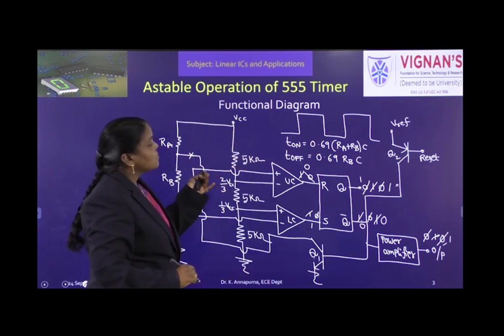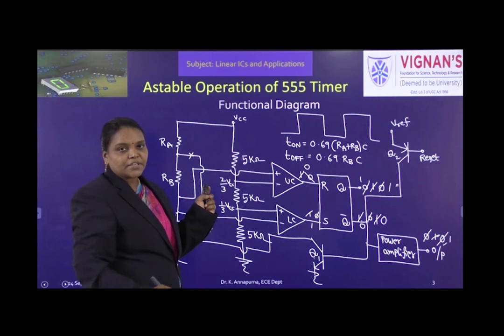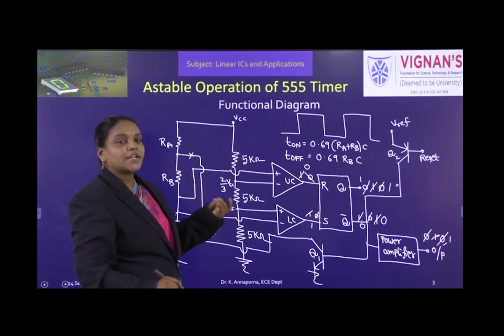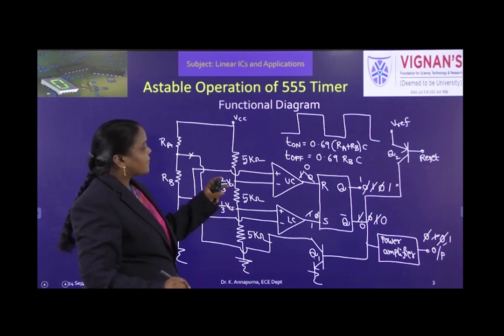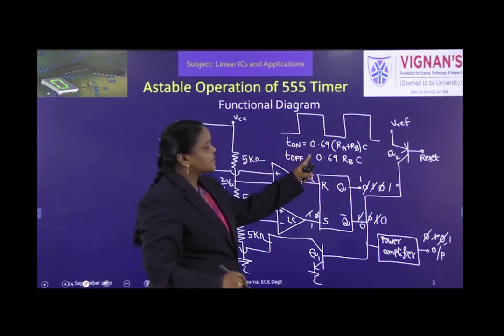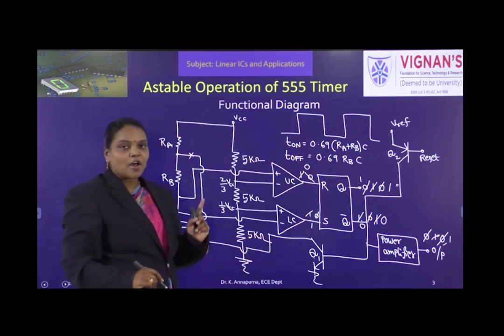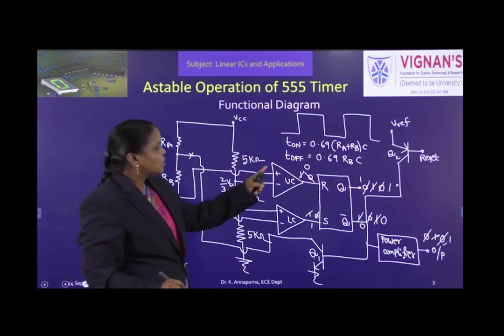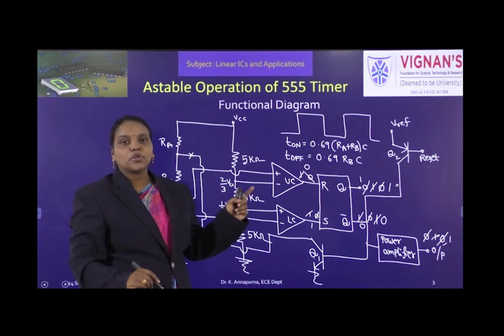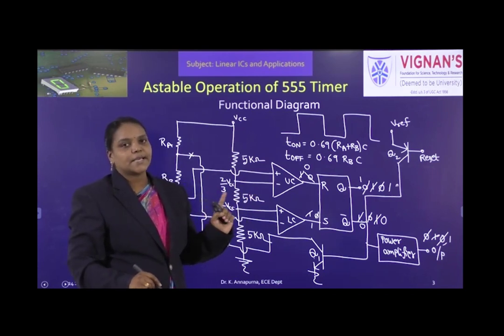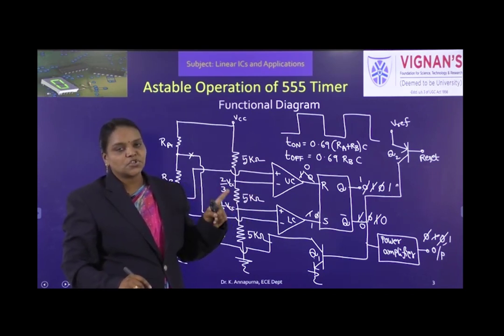So can we have equal on and off periods? That means, can I generate 50% duty cycle with this? At what condition will you get 50% duty cycle? If on period is equal to off period. So if RA is equal to 0, then both on period and off period are the same, and you will get 50% duty cycle.